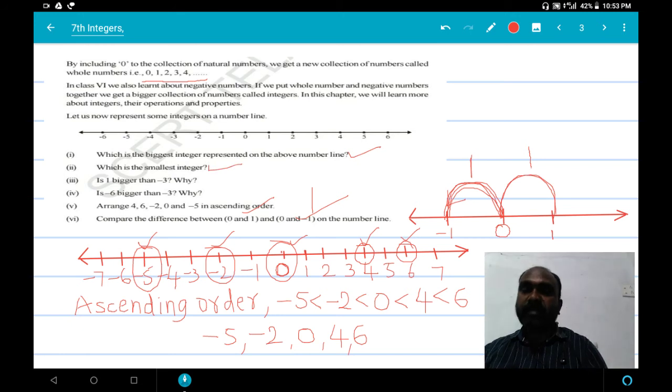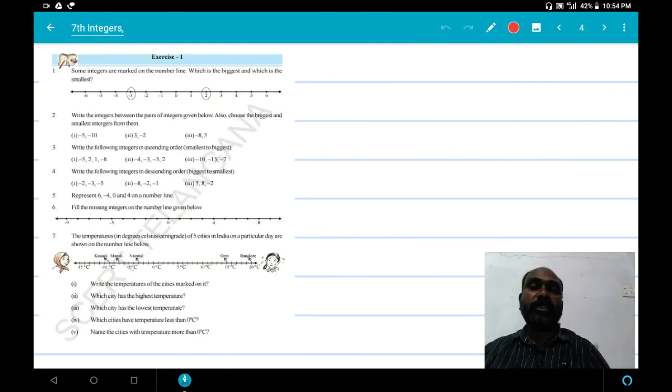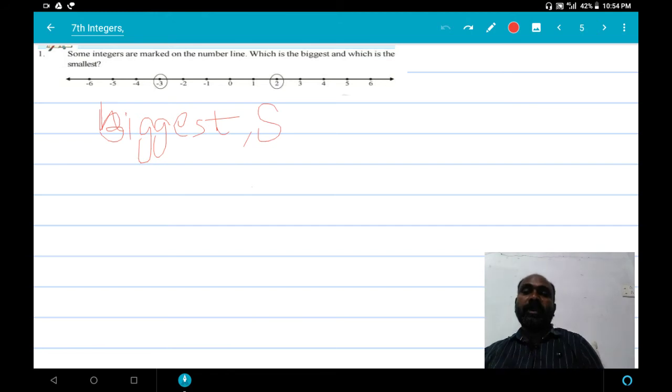Smaller integer, left side is smaller than the right side. Okay, so next question. Some integers are marked here. Which is marked? Already circled there, -3 and 2.